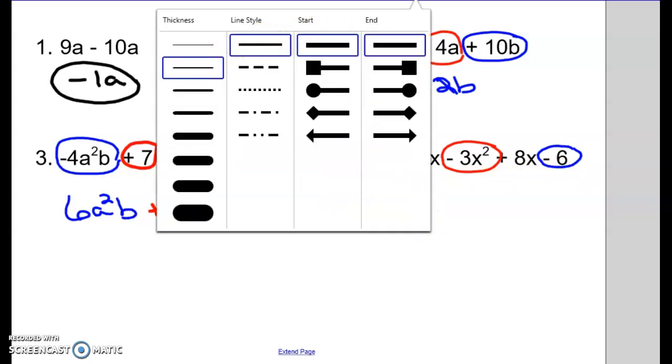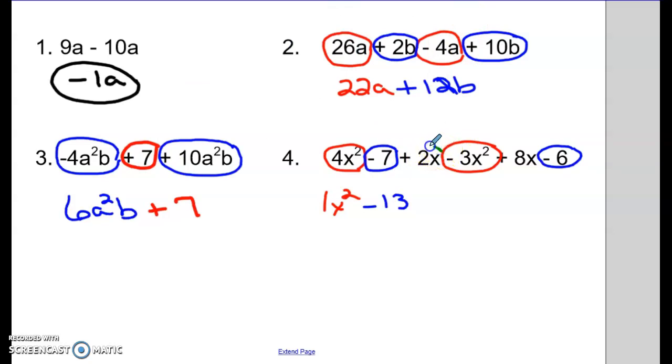And let's see what else we can combine. This 2x with 8x, because they both have a number and they both have just the letter x. 2 plus 8 is 10. And then they both have the variable x, so we keep the x.